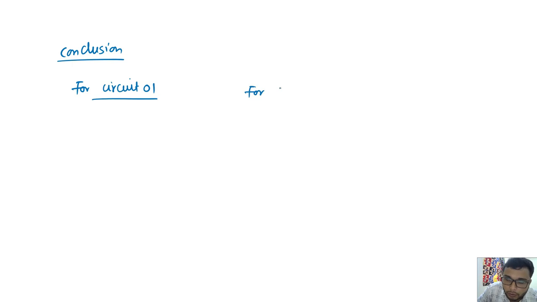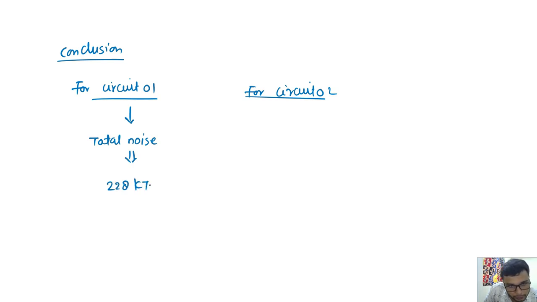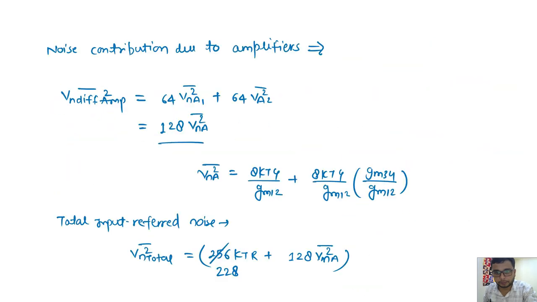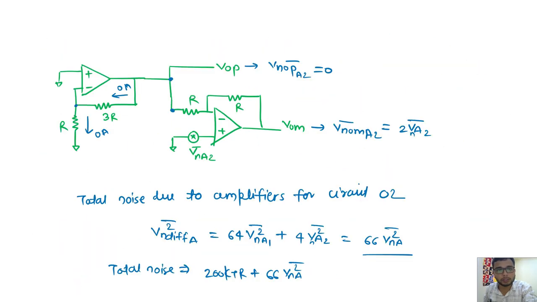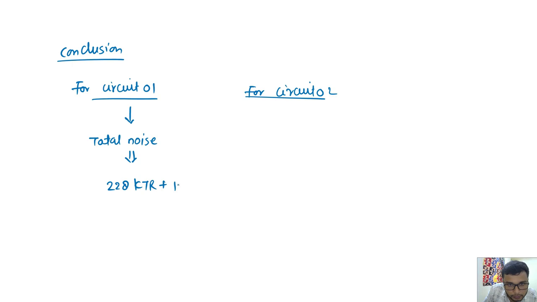Now, conclusion for circuit 1. For the first circuit, total noise is 228 kTR plus 128 Vn of A squared due to the amplifiers. What is here?